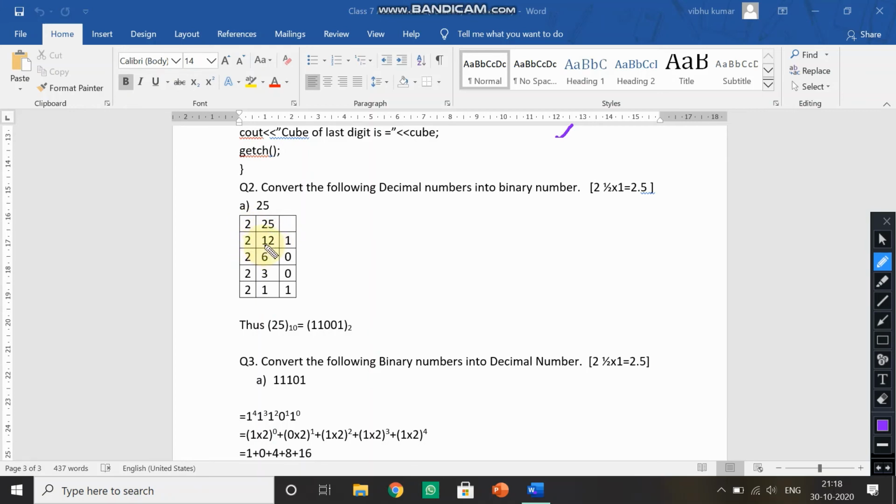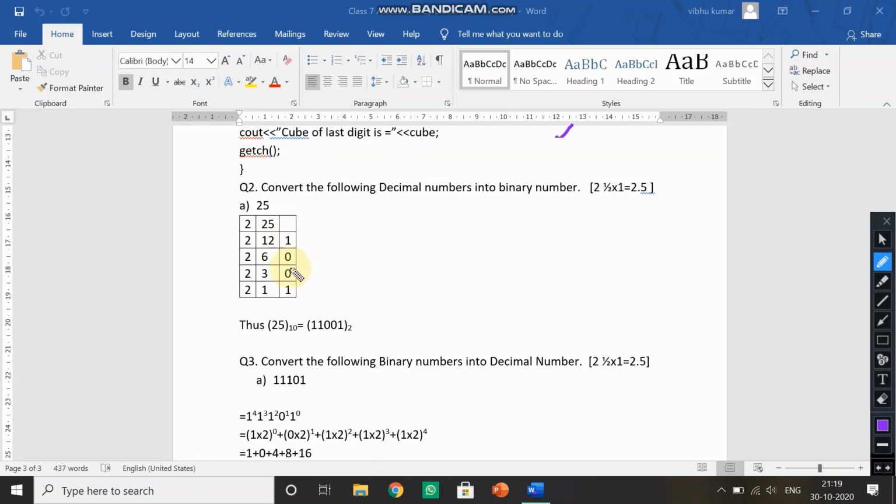Then again you divide 12 by 2. The remainder will be 0 and it goes 6 times. Then again 2 goes into 6 three times and the remainder is 0. Then divide 3 by 2, and again the remainder will be 1.